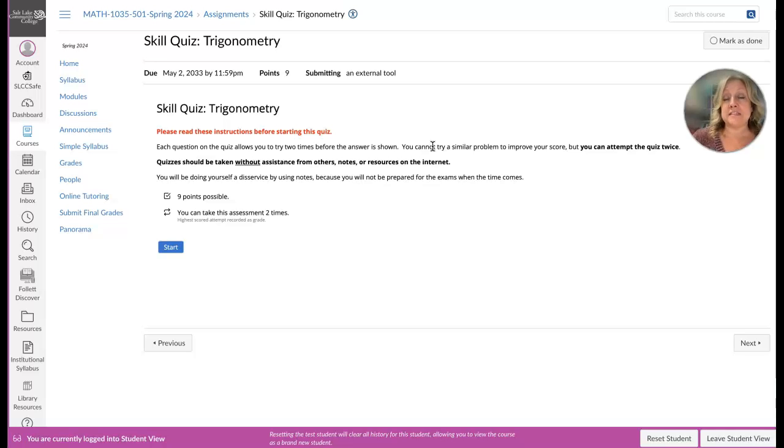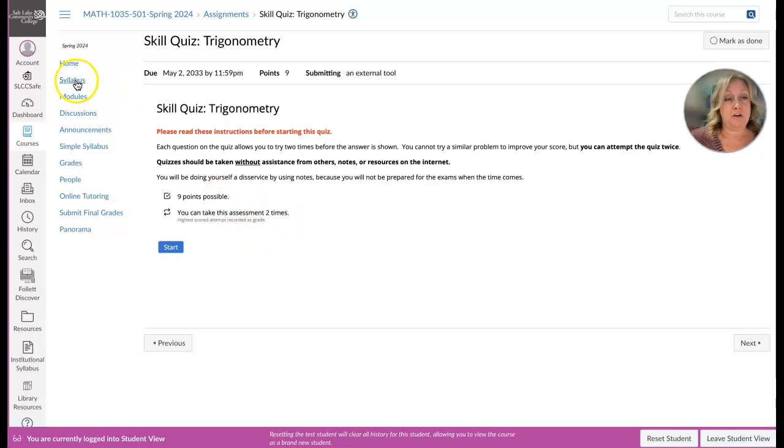So try and practice in the way that you'll be taking the exam, and you'll do much better on those exams. Okay? And you can see down here, you can take it twice. So if you take it once and you don't like the score that you get, you can review over the problems, and then you'll be able to do that again.